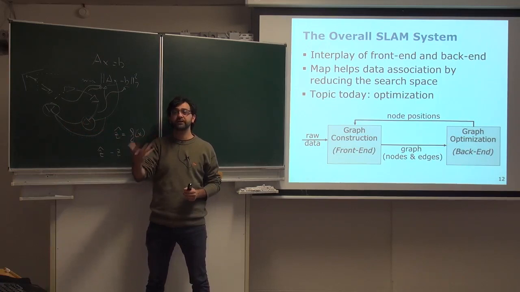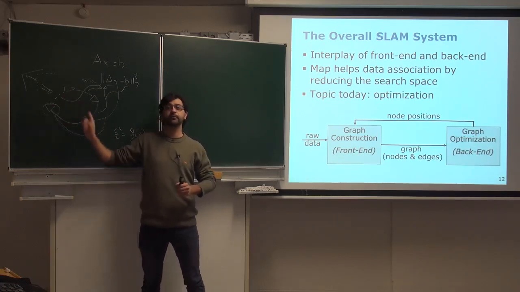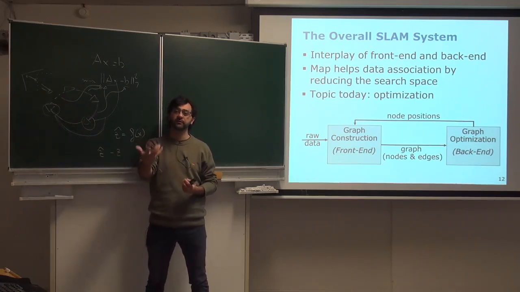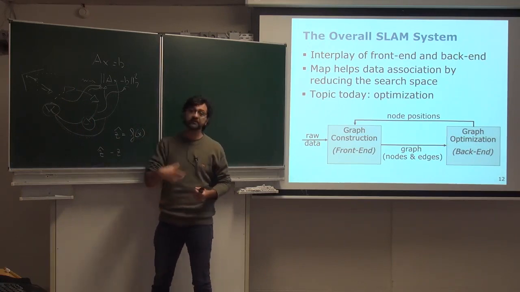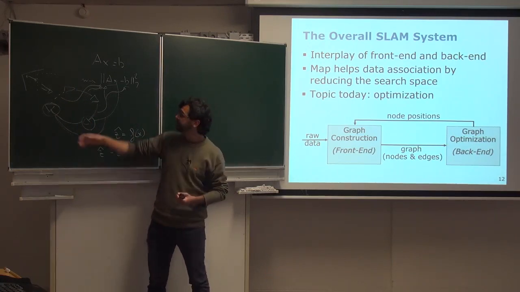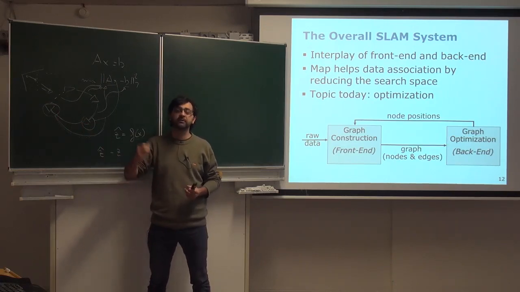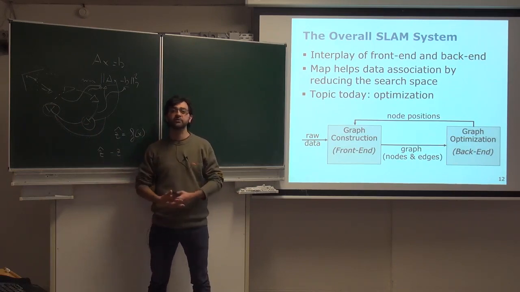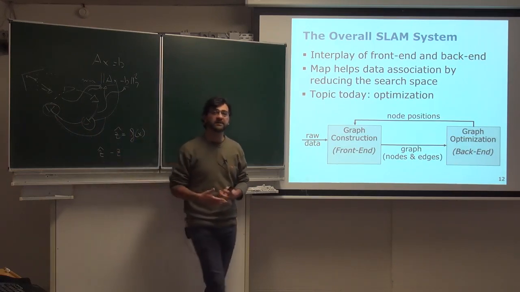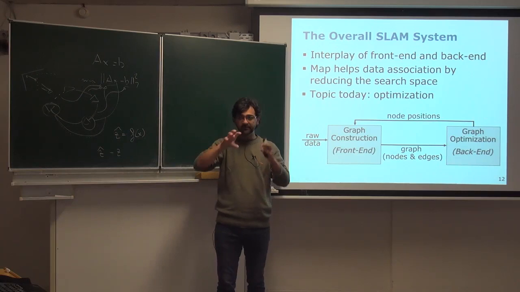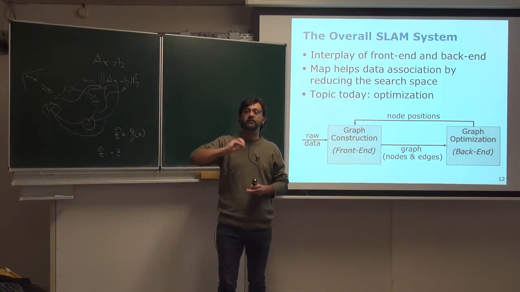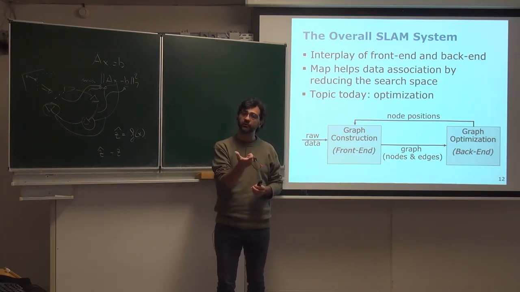There is a topological nature that says I connect different poses, so that gives us a skeleton of the graph. And then there is a metric nature that tells us these two poses are connected by a measurement of, say, 2 meters in front, and the uncertainty of this measurement is 4. So basically it gives us the connectivity and the relative measurement between poses.